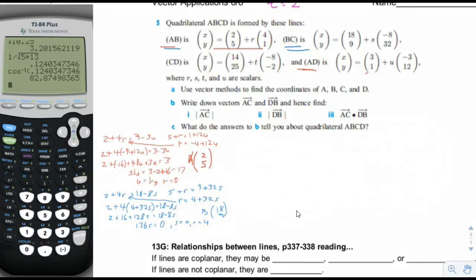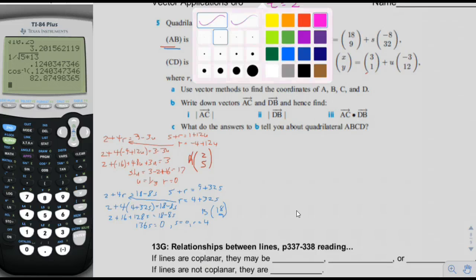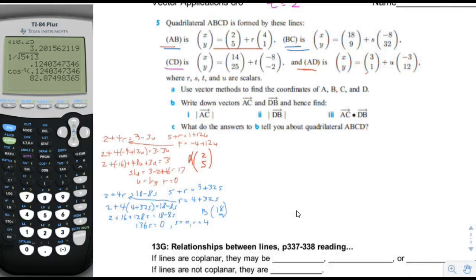Okay. Now we'll look for C. C, we're going to use this one and this one. So we're going to have 14 minus 8t is equal to 18 minus 8s.